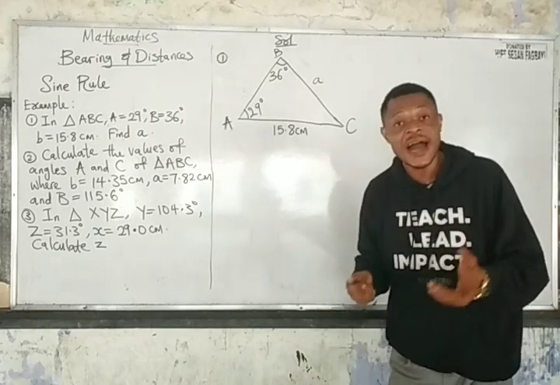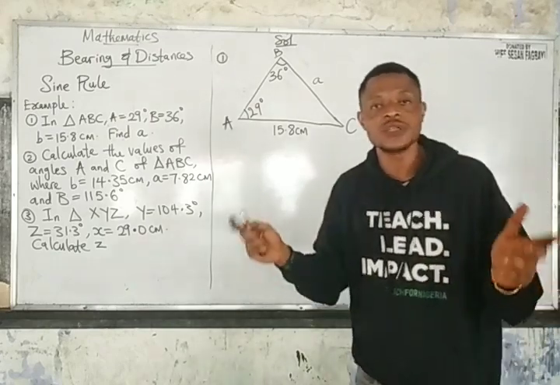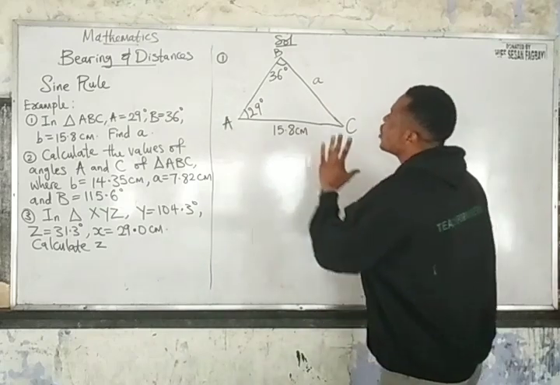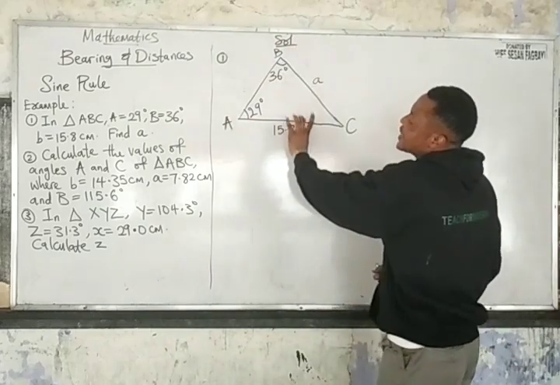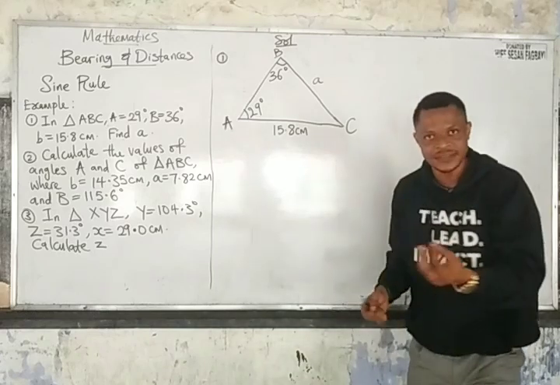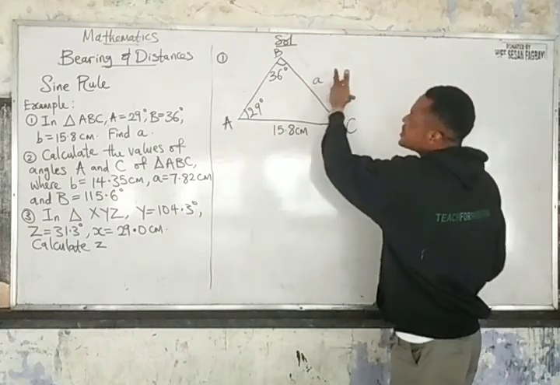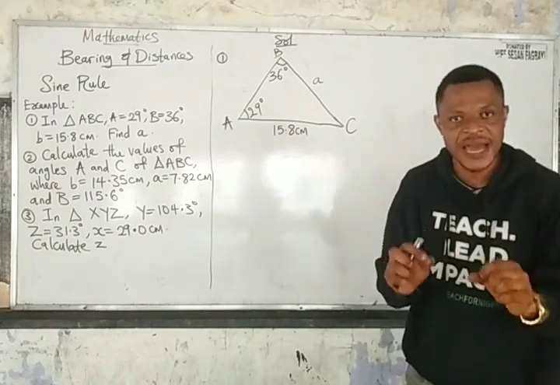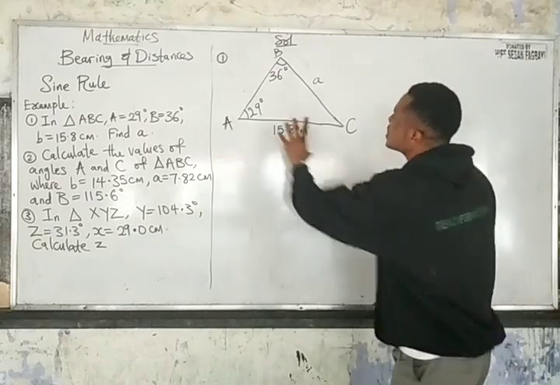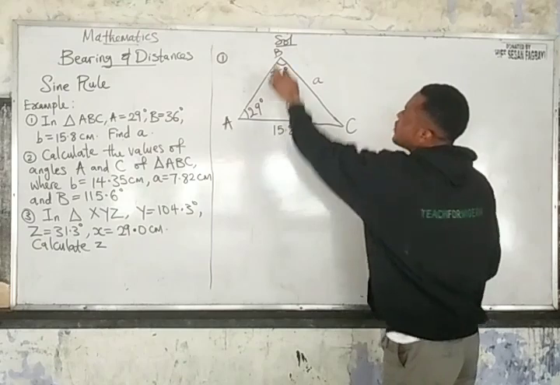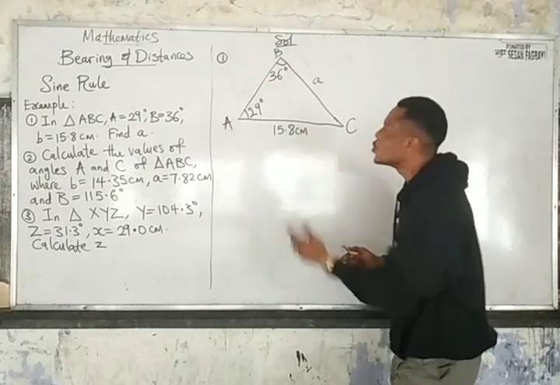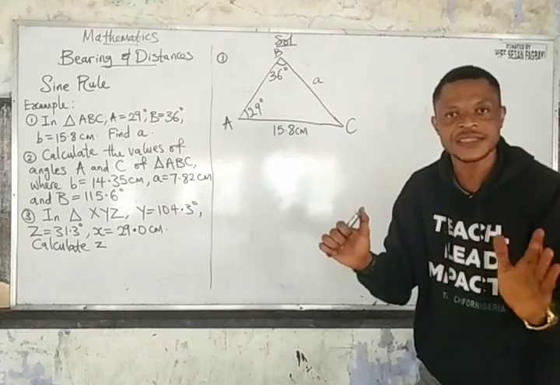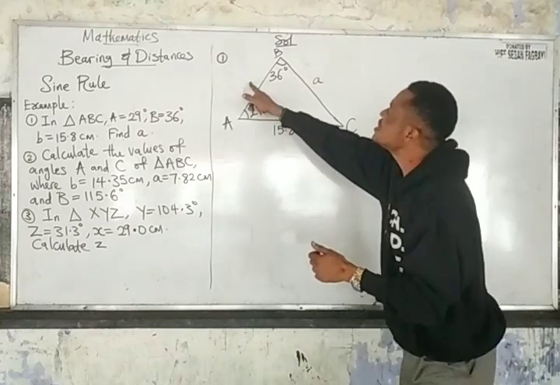How do you even identify if sine or cosine rule is what you are going to use? Because we are still on sine rule. You see, for sine rule, when the angle and the opposite side is given, and then either a side or angle is given, you can apply the sine rule. Now for this, b all over sine b is equal to a all over sine a. Perfect. But you cannot say c all over sine c.